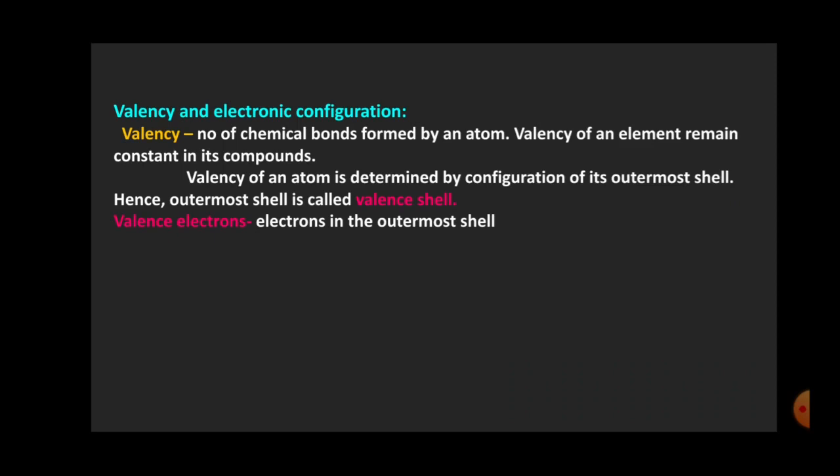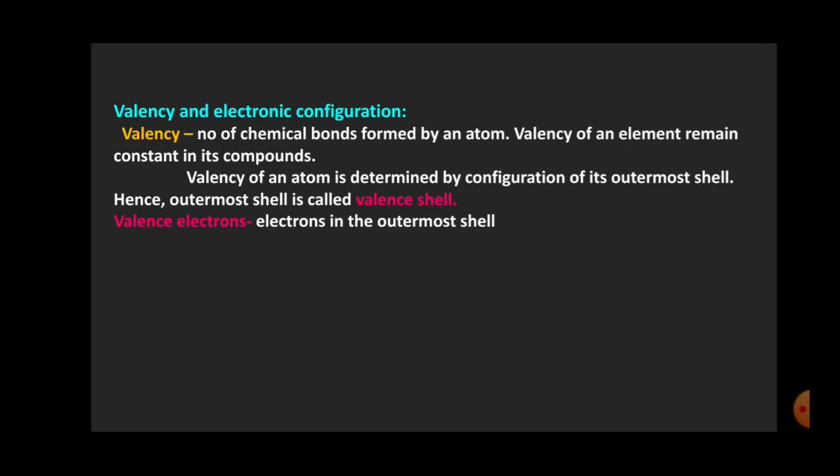Now, how is this valency determined? The valency of an atom is determined by the configuration of its outermost shell. The number of electrons present in the outermost shell is equal to the valency. Thus, the outermost shell is called the valency shell.